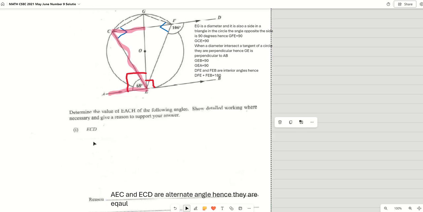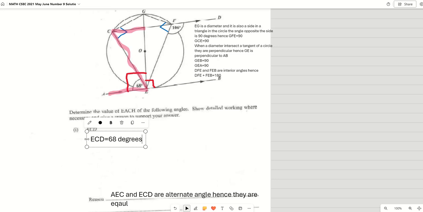Therefore ECD would be equal to 68 degrees, and that is the answer for this question.